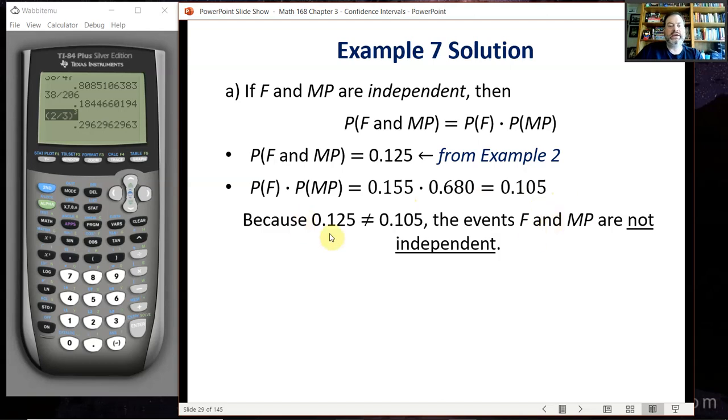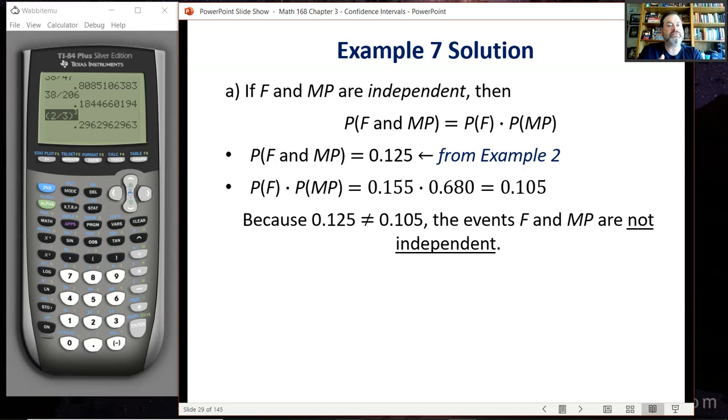And then we ask, is 0.125 the same as these 2 multiplied together? Well, it's not. 0.125 is not really that close to 0.105. So these are not independent. That means that if you know someone is a female in the Rock and Roll Hall of Fame, it changes the probability that if you select that person at random, they're a music performer, and vice versa.